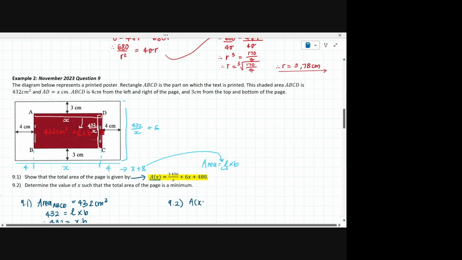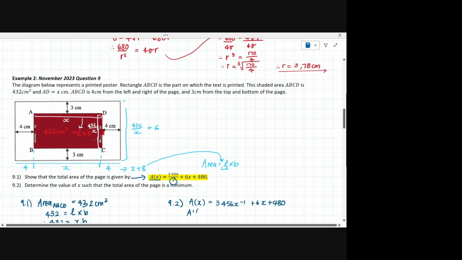So my area is equal to this whole situation. Remember, formatting is important, so I don't want that x in the denominator. So this would have to be 3,456 x to the negative 1 plus 6x plus 480. And now we can find the derivative.